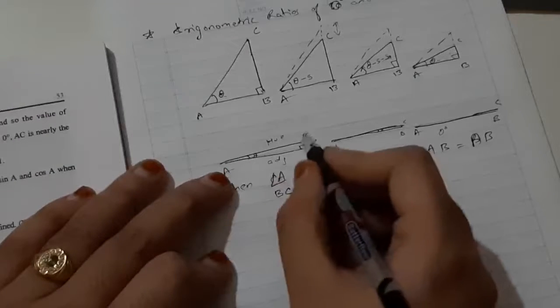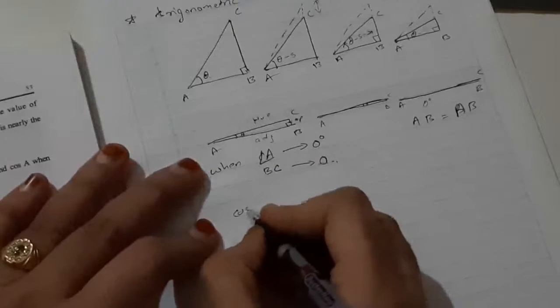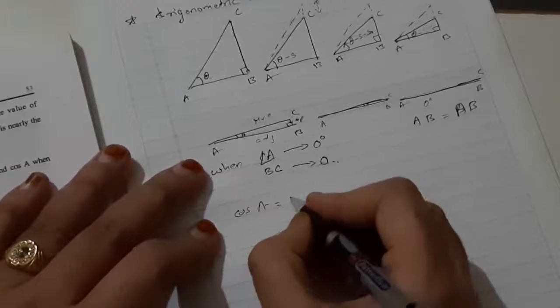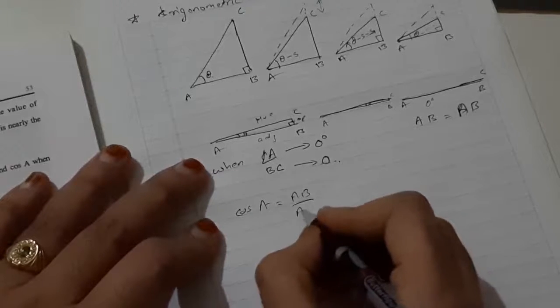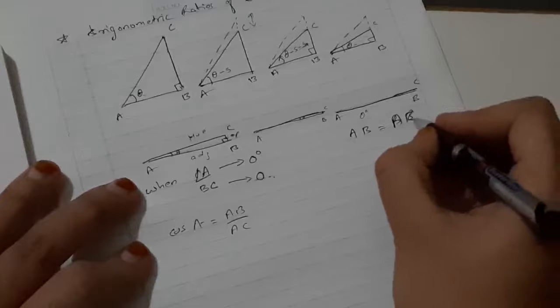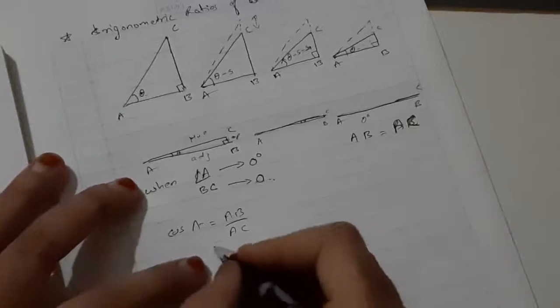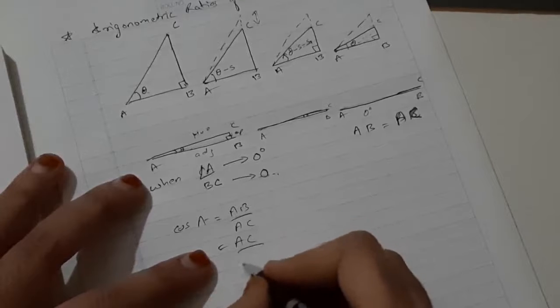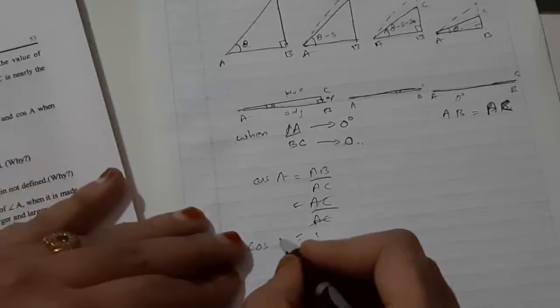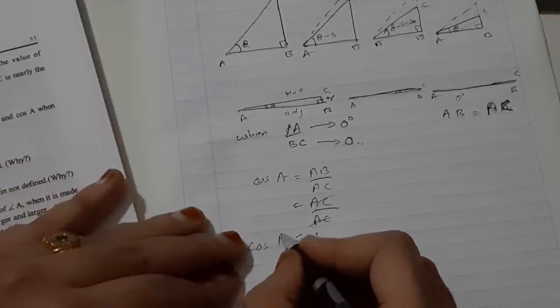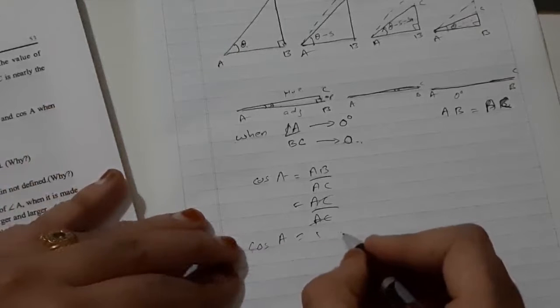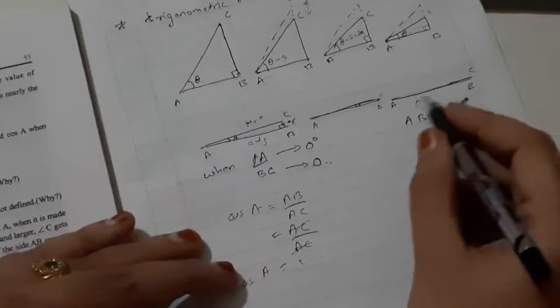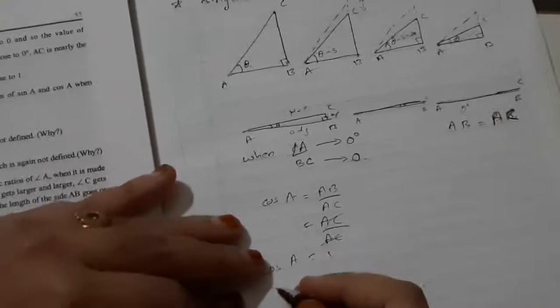It is adjacent by hypotenuse, so cos A is equal to AB by AC. AB is equal to AC, so you can substitute the value of AC in place of AB. AC by AC will become 1. So cos A is close to 1 when you reduce the angle theta to 0 degree, right?